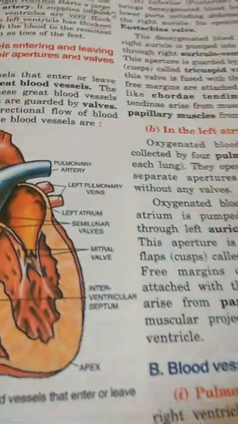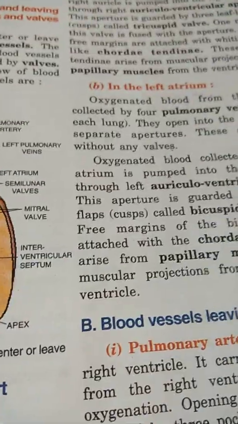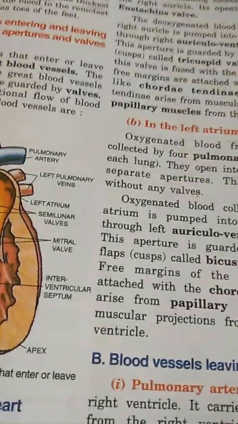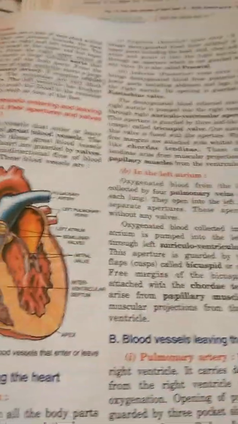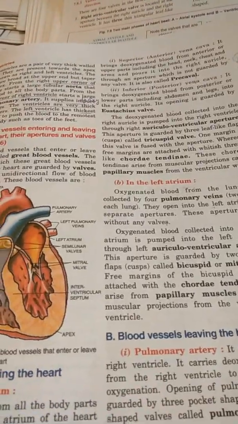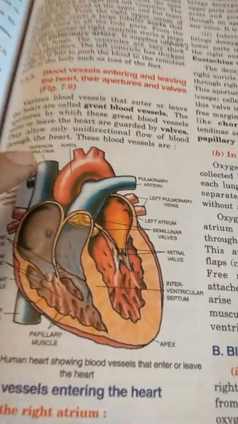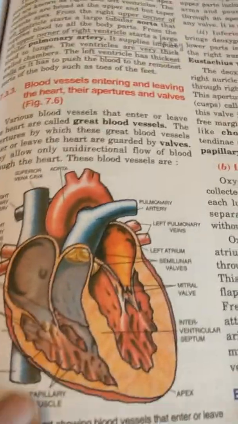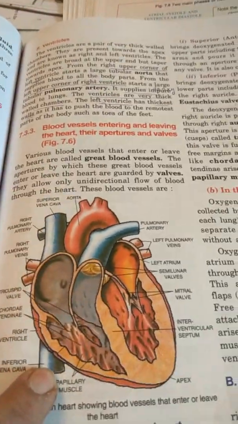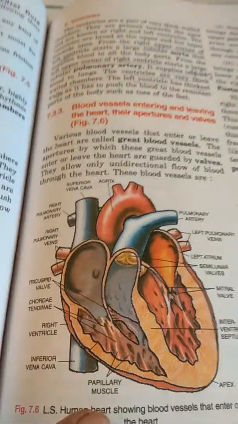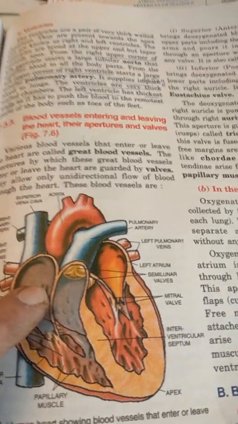Now the blood vessels leaving the heart. So till now I have explained the blood vessels entering the heart. In the right auricle, two blood vessels are entering, superior vena cava and posterior vena cava. They will bring the deoxygenated blood and pour it into the right auricle.